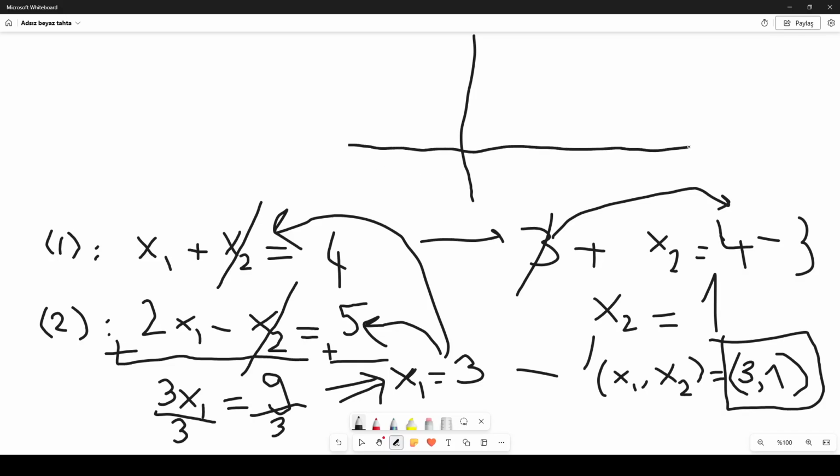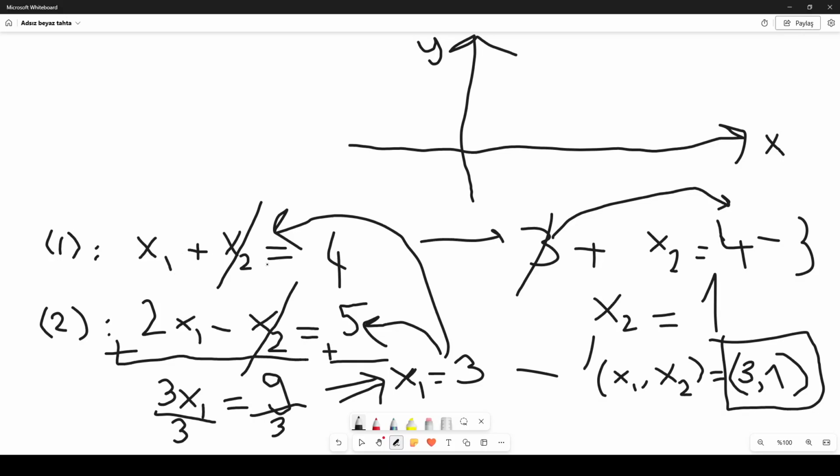Let's show the result, or what we have found, on the coordinate system, on the plane, where the x values are represented by the x-axis, the horizontal axis, and the y values by the y-axis, this vertical axis. And in our case, we consider the x1 values as the x-axis and x2 values as the y-axis.